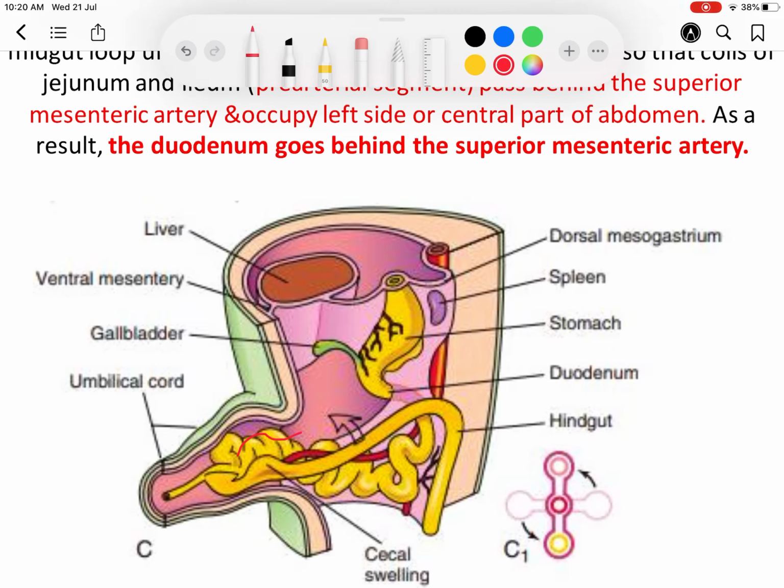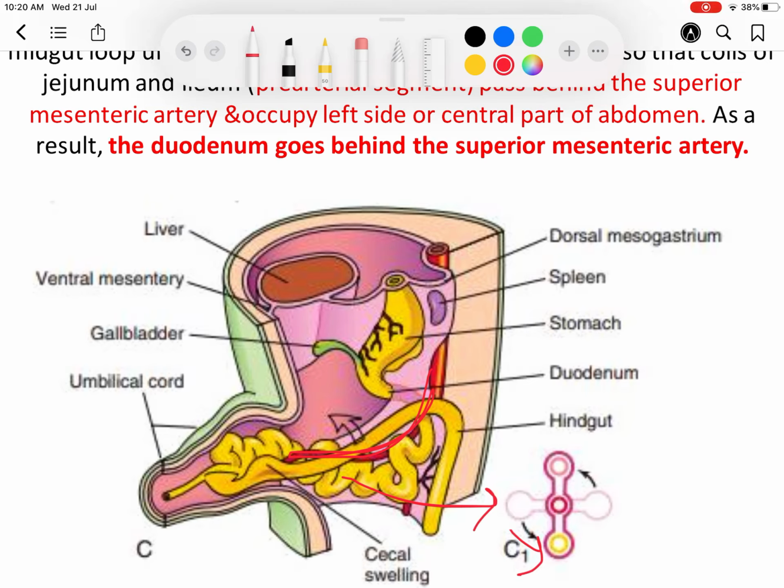So initially the prearterial segment returns to the abdominal cavity. Here you can see the prearterial segment, which is the coiled one. It is entering into the abdominal cavity first, and during this time again a 90-degree rotation in anti-clockwise direction is occurring. And what happens due to this rotation? This prearterial segment is going behind the superior mesenteric artery.